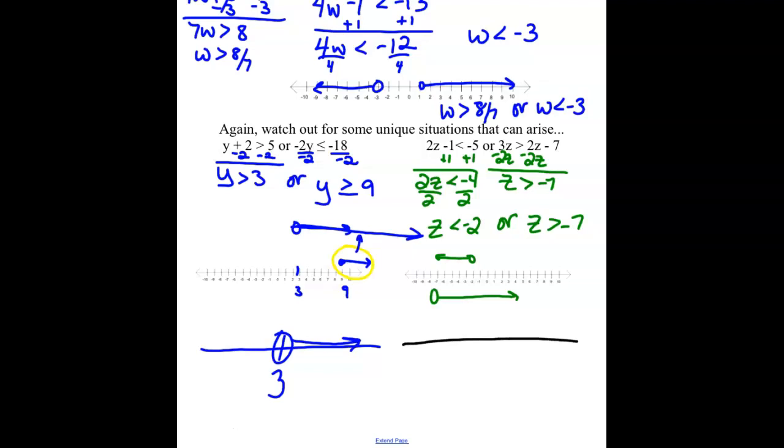Because we can go everything from negative 2 this way, we can go everything from negative 7 this way, the net result is that the whole thing gets shaded. So we would say all reals. We do have a symbol for that. It's a capital R with kind of a double bar to it.